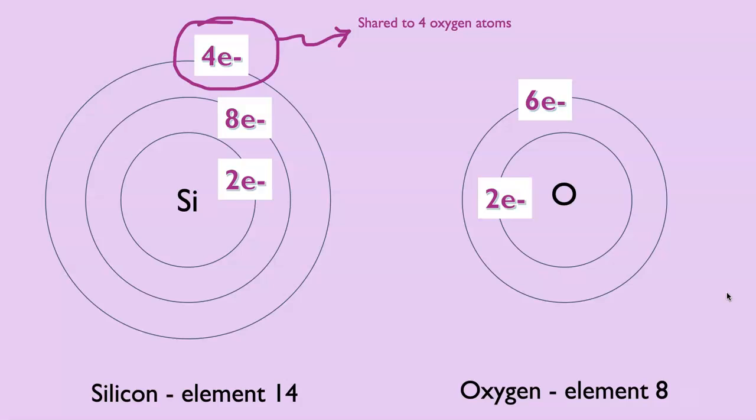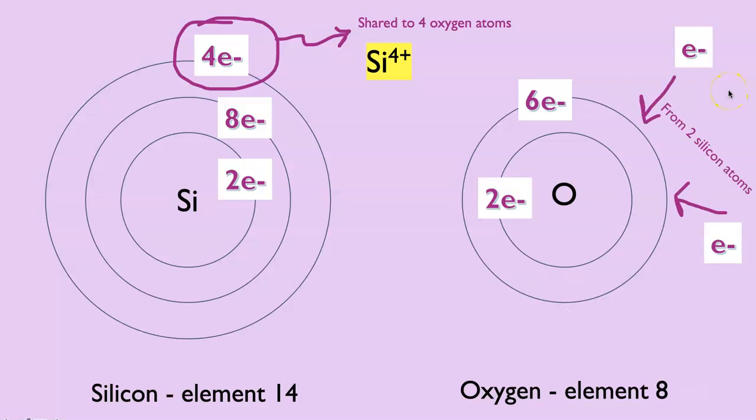And because of that, it winds up with 4 missing negative charges, and it becomes a silicon ion with a +4 charge. Oxygen, on the other hand, takes an electron from 2 different silicon atoms, because it's attached to 2, and that gives it a net -2 charge. And so oxygen is shown as a -2 ion.